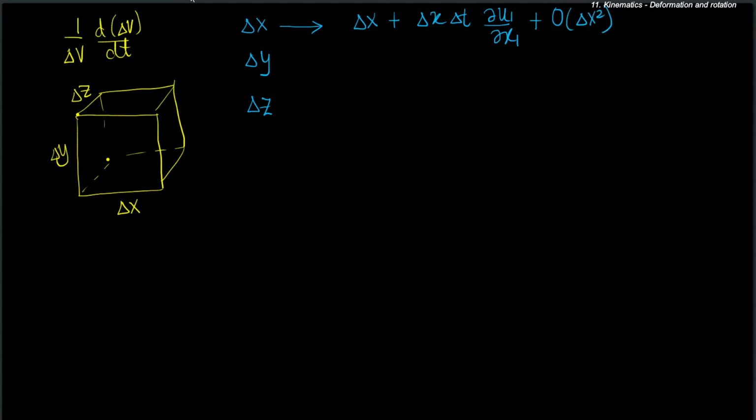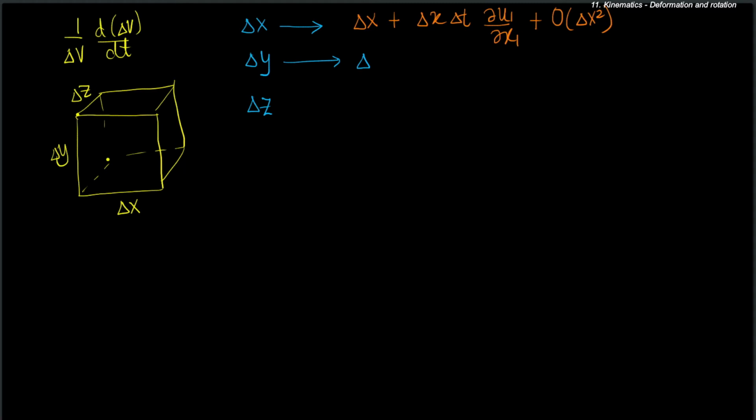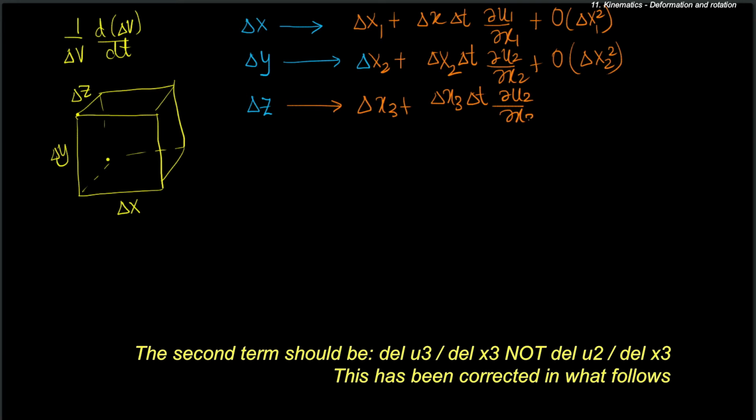So this will be one term. y will change to delta y plus delta y delta t del u2 del x2 plus order delta x2 squared (I mixed up terminologies, but delta y is the same as delta x2), while delta z will become delta x3 plus delta x3 delta t del u3 del x3 plus order delta x3 squared.